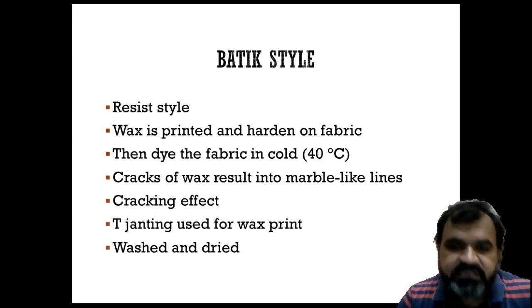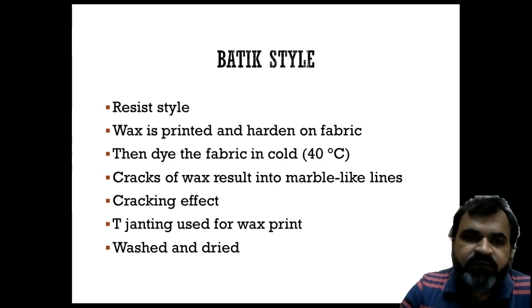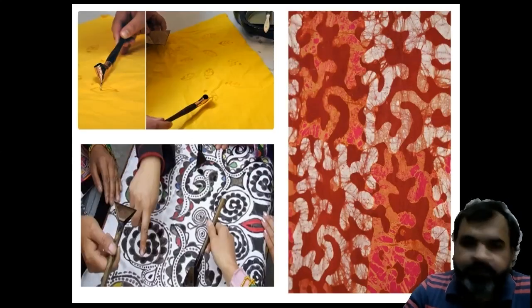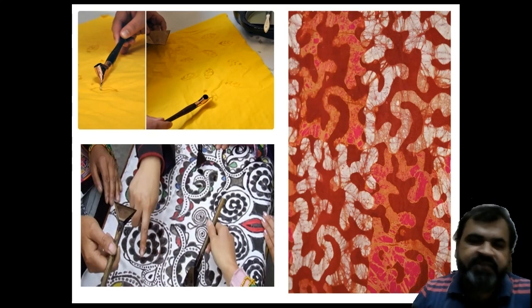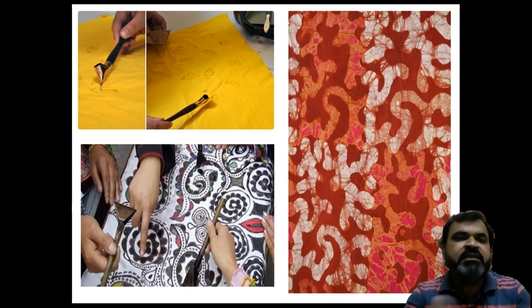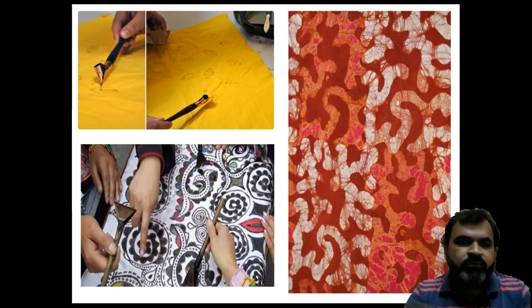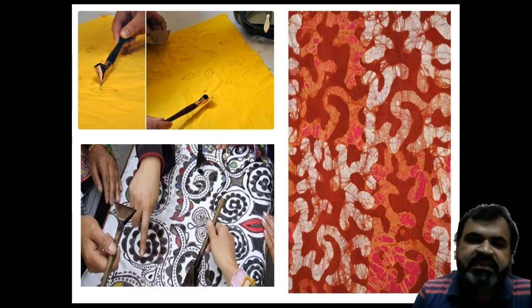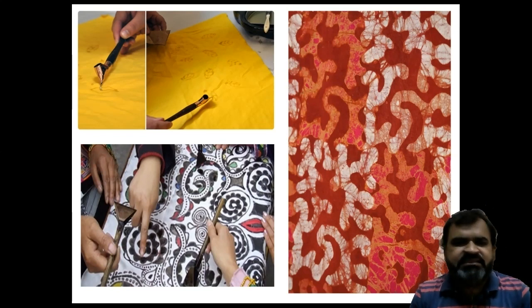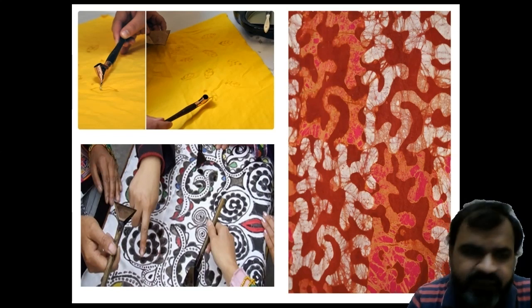After this thing, when you wash your fabric at some temperature, 40 degree, 50 degree, then what will happen? At that portion, that ball of wax will blast, and due to this blasting, the dye will flow, or it will float on the fabric in various directions, and that's why you will see the very uneven pattern of the linings, and that is known as the crackle effect.